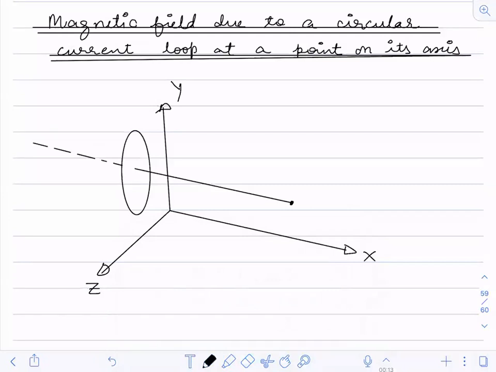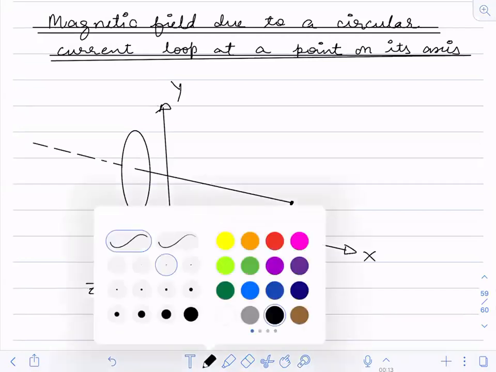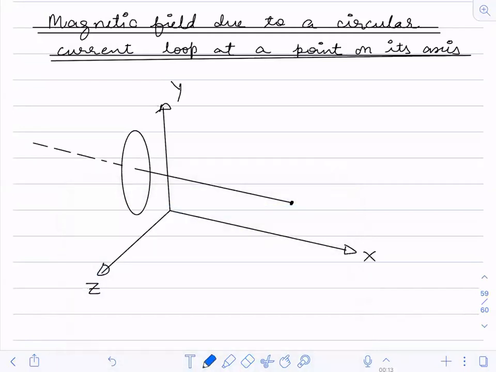The ring has a radius of r. I'm not writing that here because the figure itself is too complicated, and I'm not going to make it more complicated. So r is the radius of this ring. At this point P, we are supposed to calculate the magnetic field.